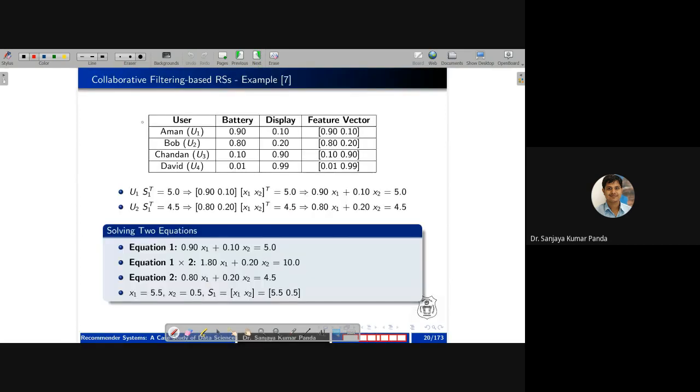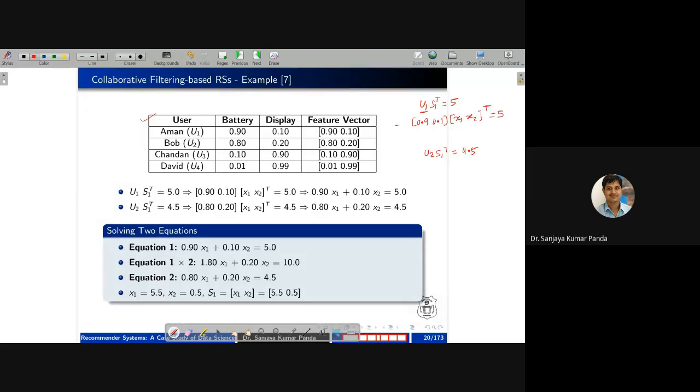Now this is your user feature matrix. In the previous slide you have seen U1 S1 transpose is equal to 5, and U2 S1 transpose is 4.5. The feature vector for user U1 is 0.9 and 0.1. Putting it into this equation, with S1 transpose unknown, I have given it variables x1 and x2, so (0.9, 0.1) times (x1, x2) transpose is equal to 5.